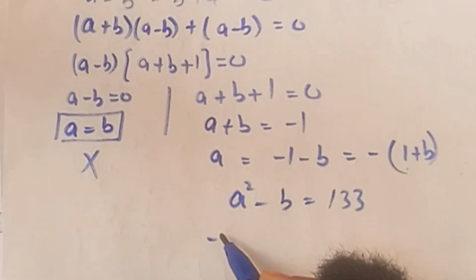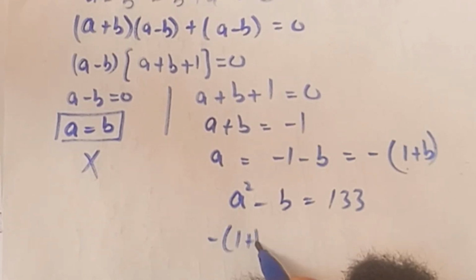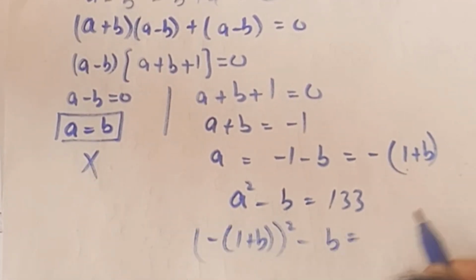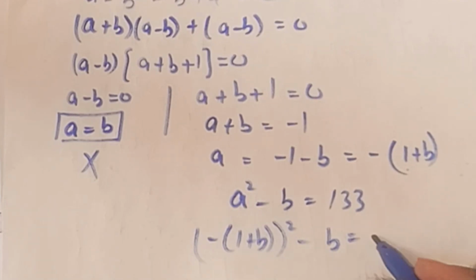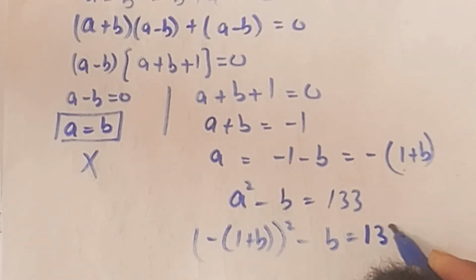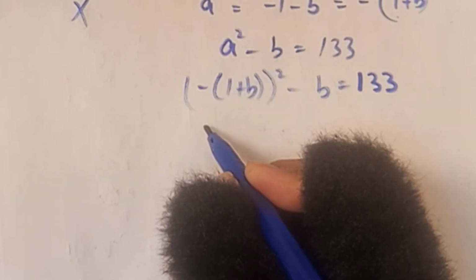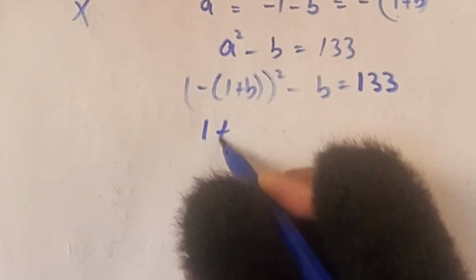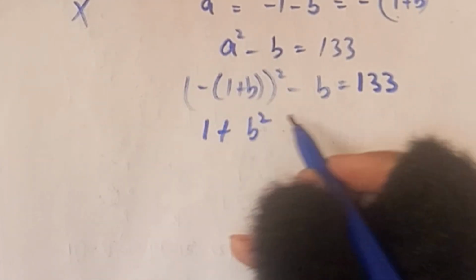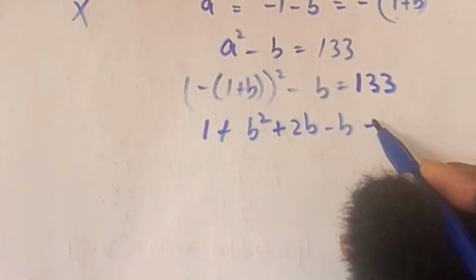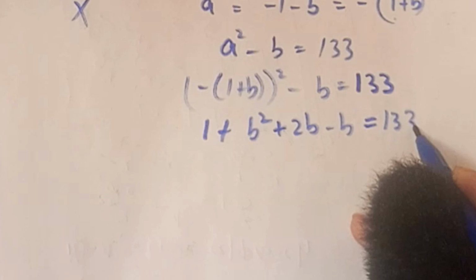So this becomes (−(1 + b))² − b = 133. So this will become (1 + b)², that is 1 + b² + 2b, minus b, equal to 133.